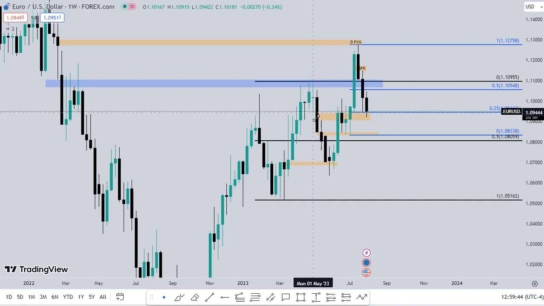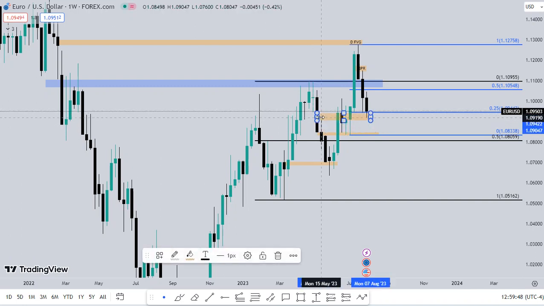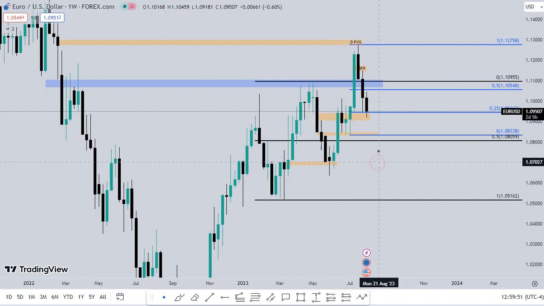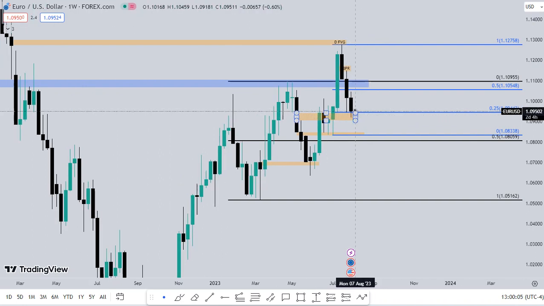It was once a fair value gap in here, and then it acted as a resistance for a few weeks, 2 weeks, 3 weeks, and after price went above this level, it should now be flipped into a support area for the price if Euro wants to go higher from this level.